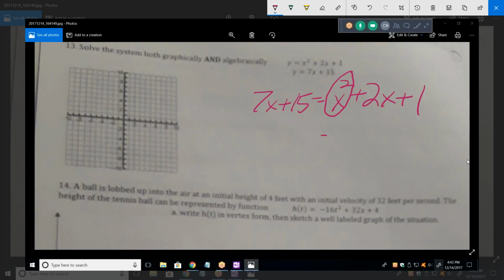Okay, so after I move everything that's on the left to the right, what do I get on the right? 7x equals x squared. No, just do it all at once. This is one of the times where I want you to do both steps at once, because one is a variable, the other is a number. You're not going to get them mixed up.